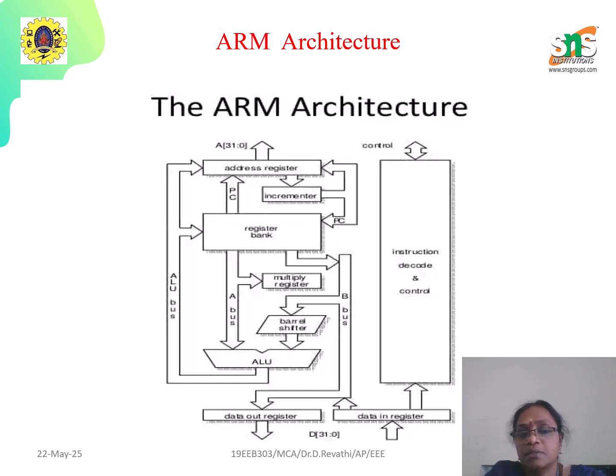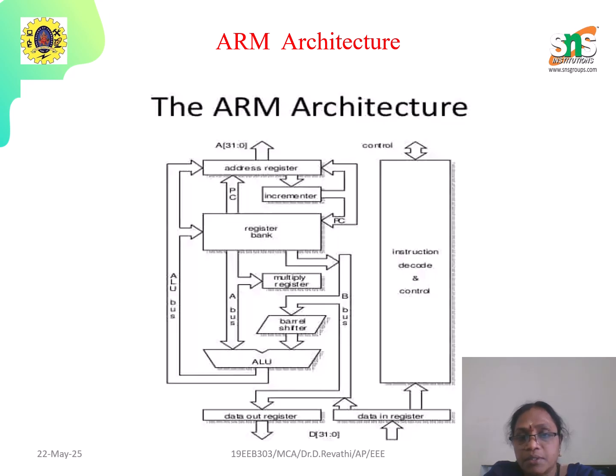Register banks we have already discussed. It consists of 16 registers. Registers 0 to 13 are general purpose registers, 14 is the link register, 13 can also be called the stack pointer, and the program counter is 15. The program counter and CPSR are all considered in the bank.